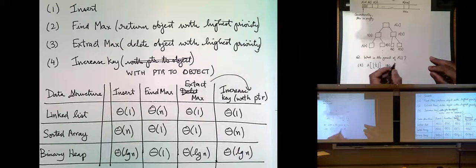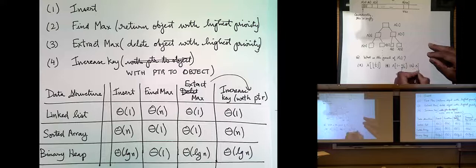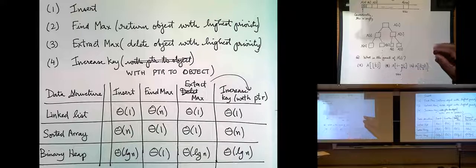Is it A of i minus n divided by 2, where n is the size? Or is it A of i minus 1 divided by 2, take the floor? Okay? All right. So what is the parent of A[i]? These are the options. I'll give you a minute.